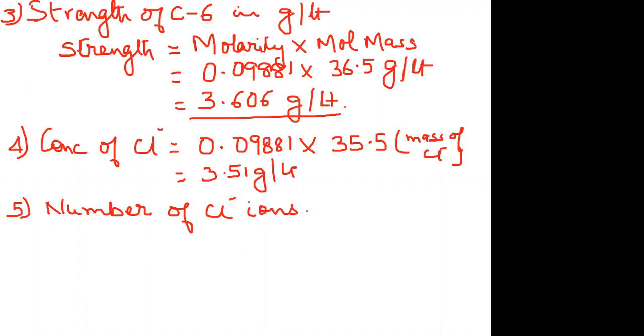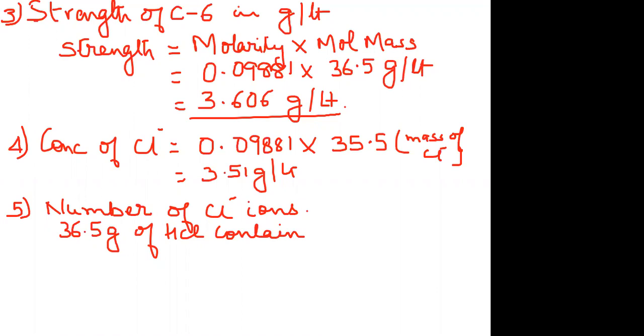Now, if you look at this, you can easily calculate by writing that 36.5 grams of HCl contains how many?